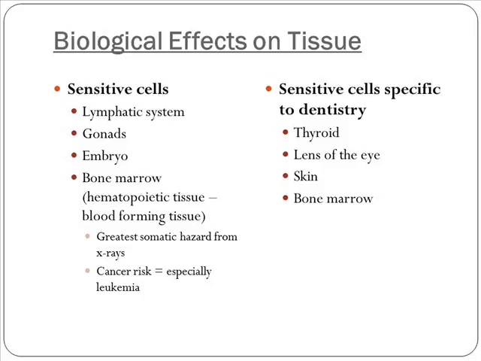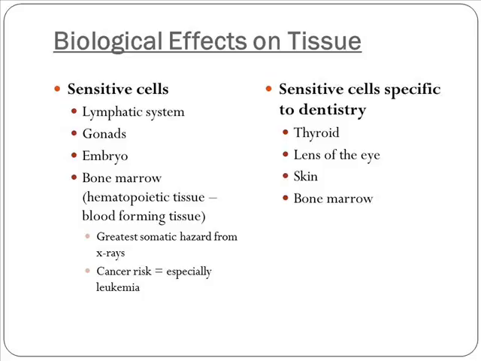Sensitive cells to radiation include the lymphatic system, which of course you know is our immune system, gonads, which is our reproductive system, the embryo, newly forming cells in the uterus, and bone marrow. Hematopoietic tissue, which is blood-forming tissues, have the greatest somatic hazard from x-rays, and there is a cancer risk, especially leukemia, from radiation to those blood-forming cells.